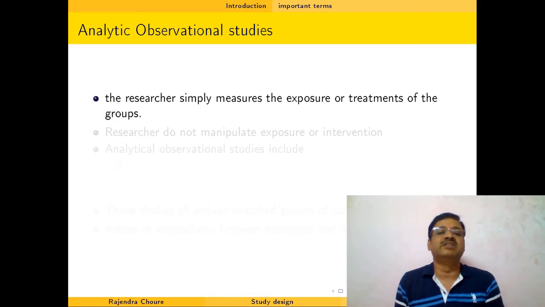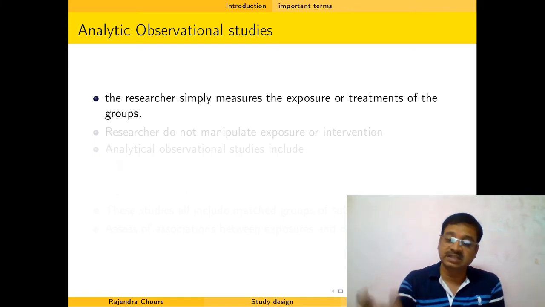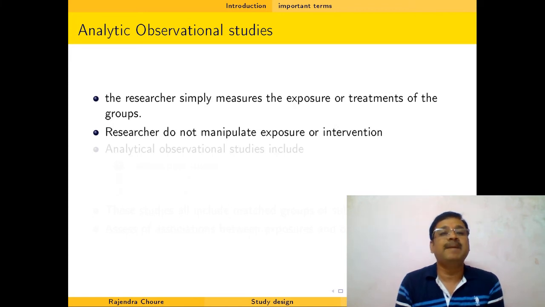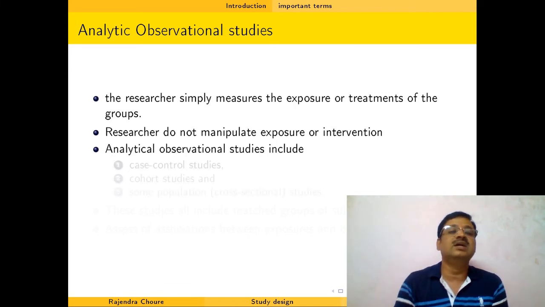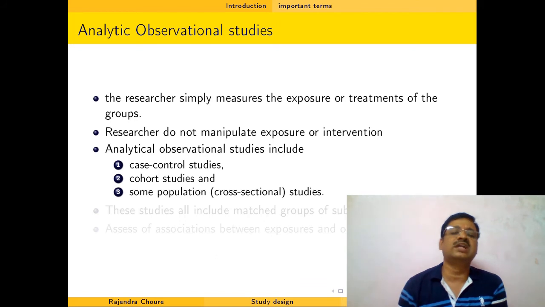And there are analytic observational studies, where the researcher simply measures the exposure or treatments of the groups and compares those. But here, the researcher does not manipulate exposure or intervention. These analytical observational studies include case control studies, cohort studies, and cross-sectional studies.